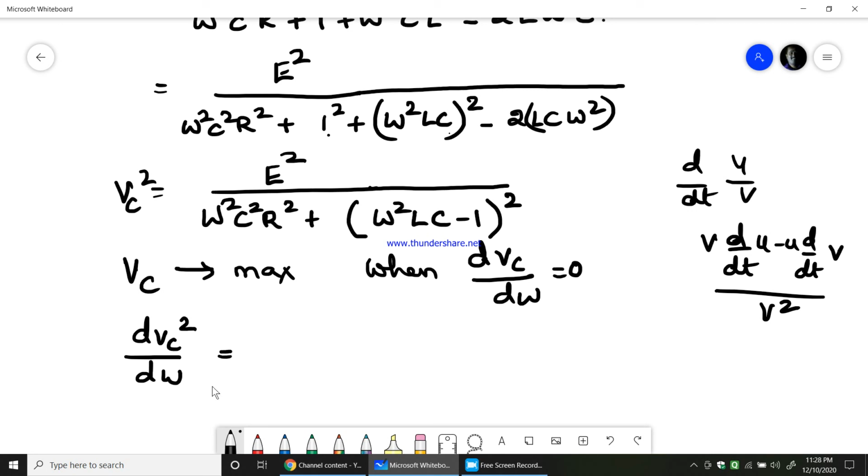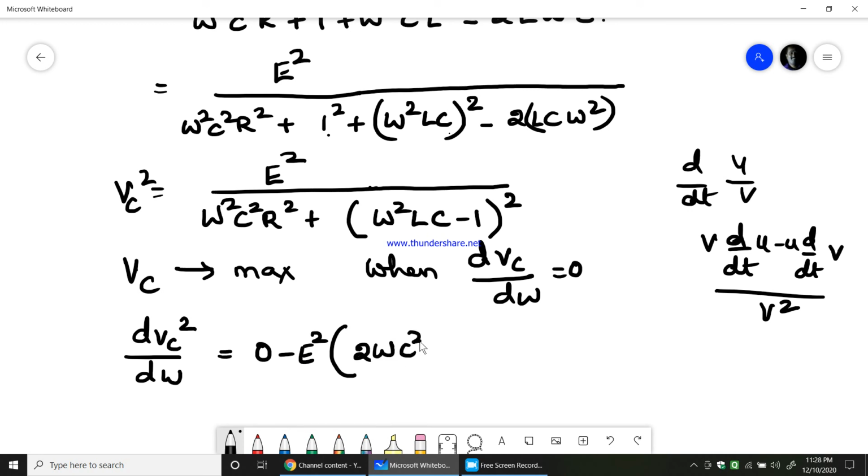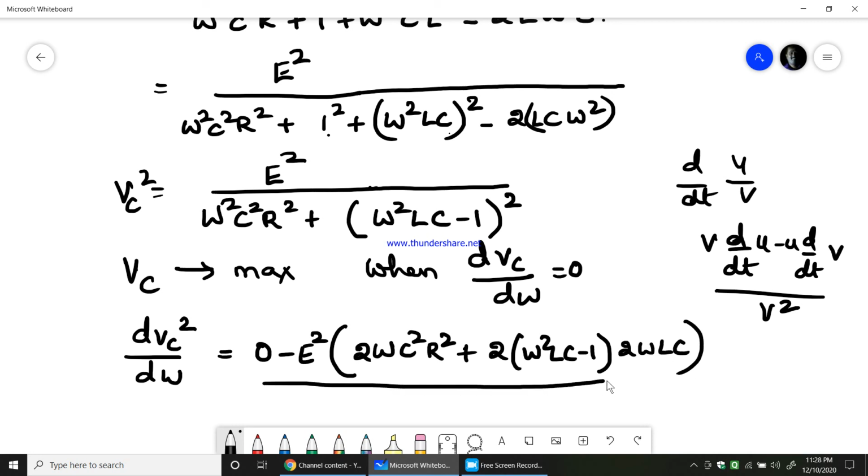Therefore, when you differentiate E square in terms of omega, you get 0. 0 into anything is 0, minus E square into the derivative of the denominator in terms of omega, which is 2 omega c square R square plus 2 into (omega square LC minus 1) into 2 times omega LC, the whole thing divided by (omega square c square R square plus (omega square LC minus 1) the whole square), and this is equal to 0.